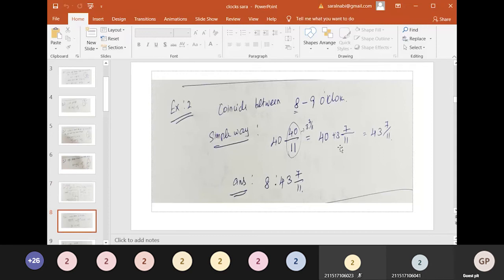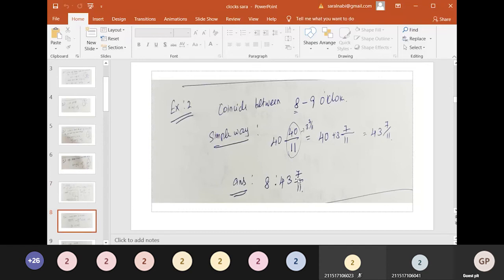Next, you convert that into a mixed fraction. 40 by 11 can be written as 3 into 7 by 11. 3 elevens are 33, remaining 7, 7 by 11. Now you add the 40, so 43 into 7 by 11 minutes, okay? And now you can write 8 hours, 43 minutes, 7 by 11. At this time, the hour hand and minute hand coincide on the clock.